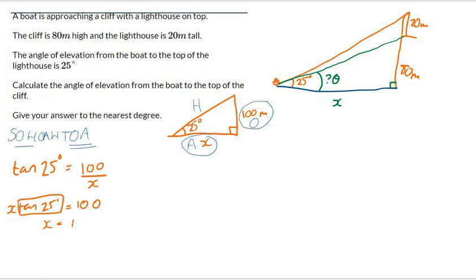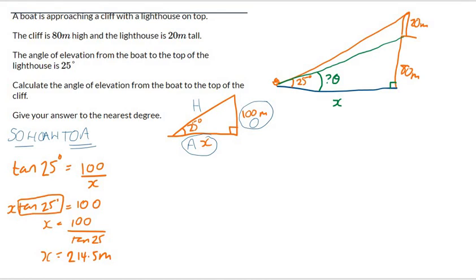So x is 100 divided by tan 25. Calculator to see what. So I've got 214.5 meters.